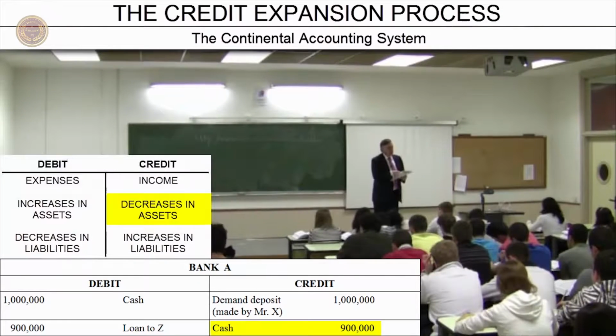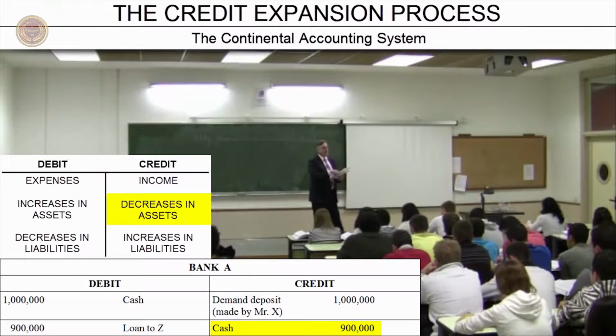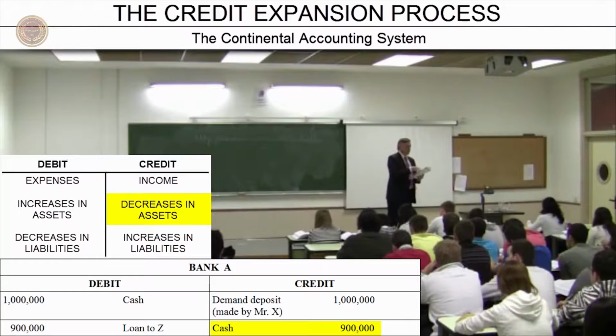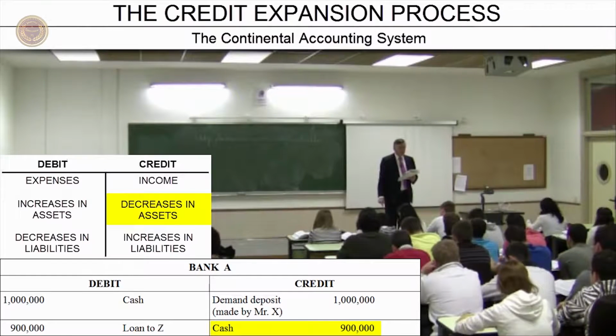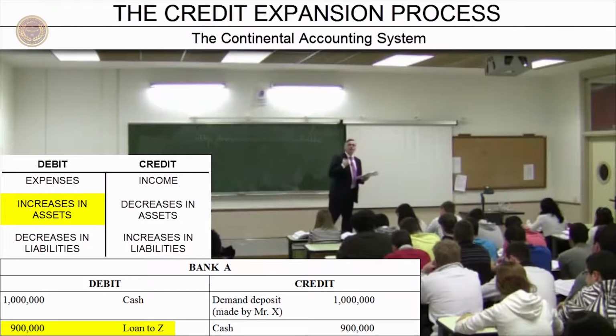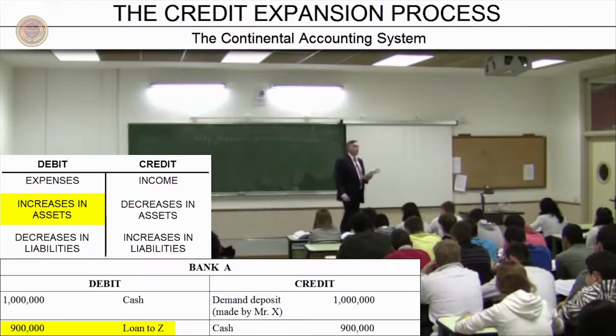As we said, on the credit side, we record income as well as increases in liabilities or decreases in assets. That is the case. Cash decreases by 900,000 monetary units, which is why the entry appears on the right side. The balancing entry on the left side is where the bank reflects, concerning its assets, that Company Z owes it 900,000 monetary units.